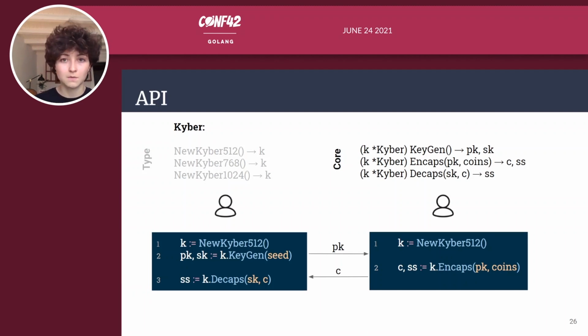The ciphertext can be shared back to the first participant, who can use his secret key to recover the shared secret. In our case, the value of SS is going to be the same for both participants and can be used as symmetric key material to then go further into this hybrid encryption process.